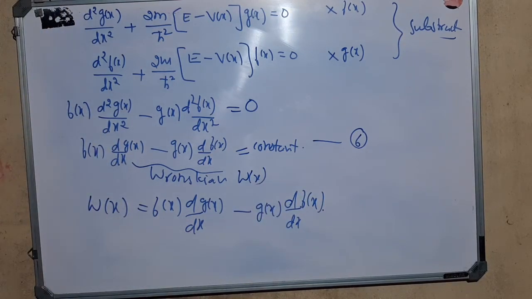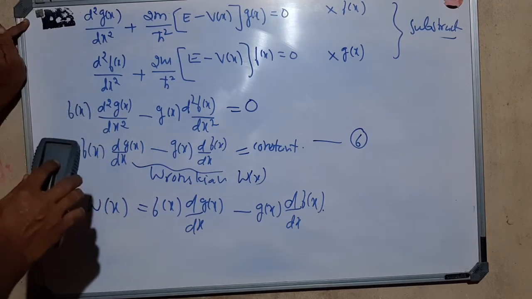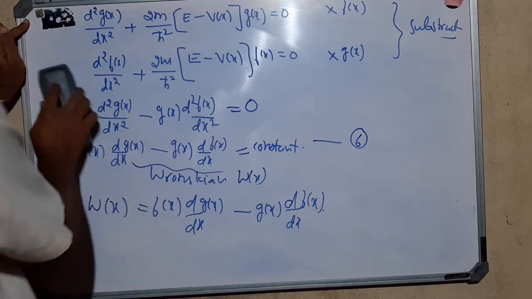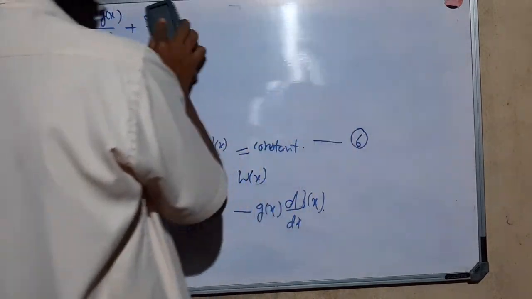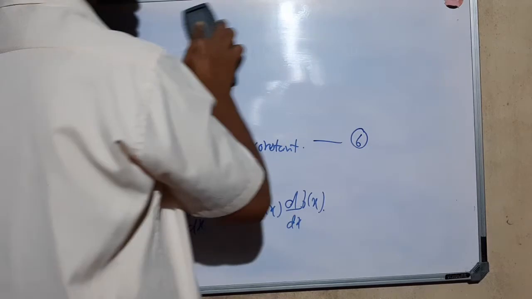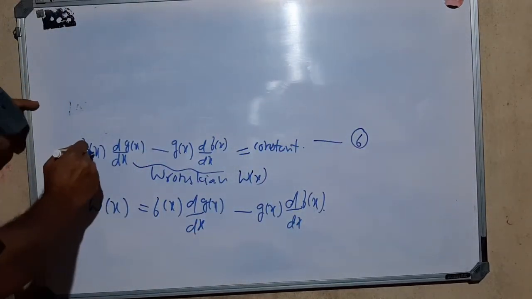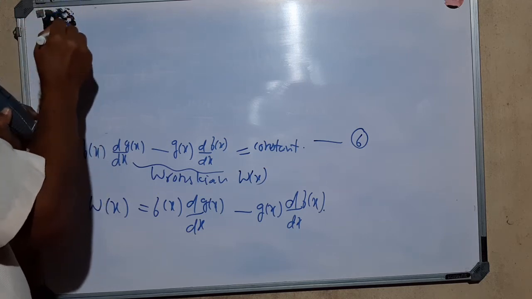Okay, now what we have to do in the next step, right? If f of x is one independent solution, then f of x plus a is also an independent solution. Similarly, if g of x is the solution, g of x plus a is also a solution. Therefore, I am just replacing x by x plus a in this expression.